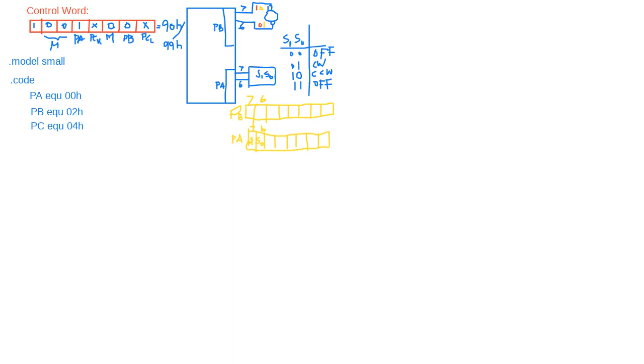Okay, and now we have to send the control word to the control register first of all. So that means MOV AL comma, what is the control word? 90H.